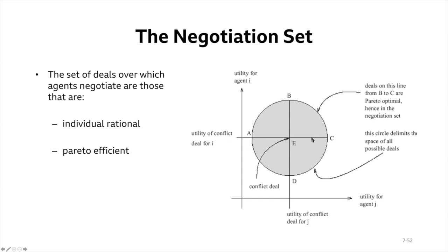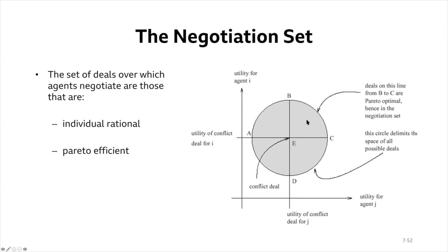Okay. So what we've got then is that the space of deals which are individual rational are those that are to the right of this vertical line and above this horizontal line. In other words, they're in this quadrant here. So now suppose that one of the agents made a proposal for a deal which was, say, here, somewhere in the middle of that particular quadrant. Well, the problem with deals in that quadrant is that they're not Pareto efficient.